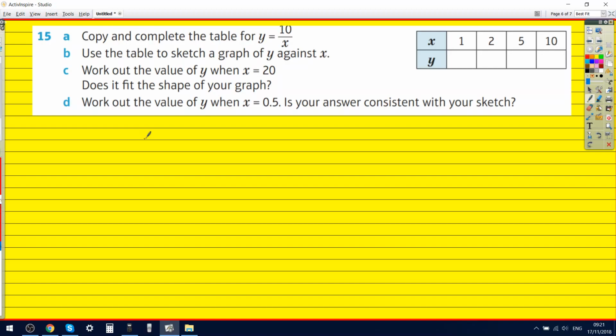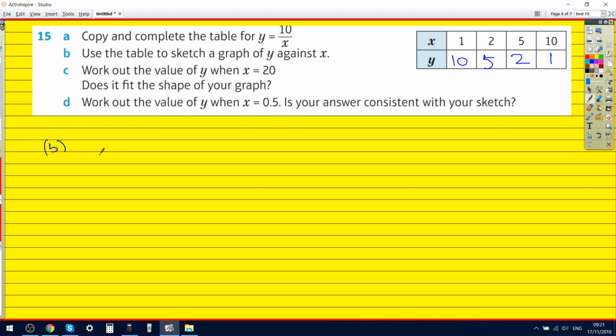So would the first one be 10 over 1? So 10, and then 10 over 5 for the next one, and then 2, and then 1. And they said make a sketch of the graph.